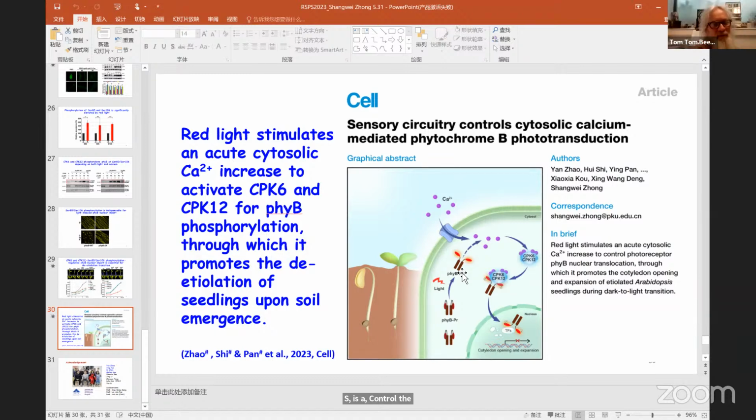I think that might not be easy to demonstrate, whether it comes from outside of the cell or from the ER, because in many cases you have a calcium release from the ER. We use a chemical that can block the plasma membrane channel, which blocks the calcium influx. Okay, thank you.